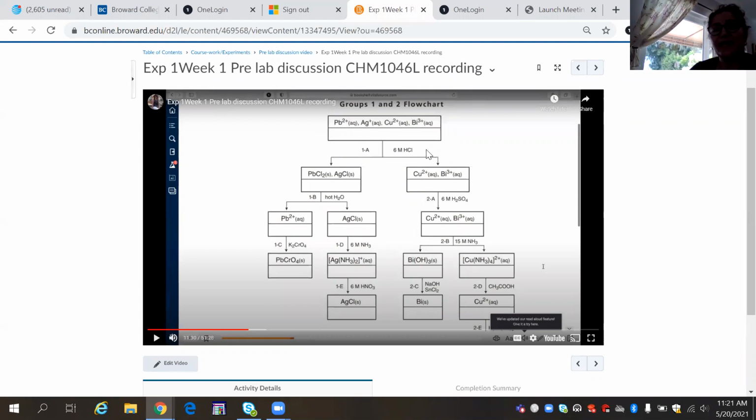Then when you add HCl, 2 of these ions would change to precipitate. How do we know they change to precipitate? Because the symbol S stands for solid, and solid means that these 2 have precipitated. But the other 2, copper chloride and bismuth chloride, do not precipitate because they are soluble in water.